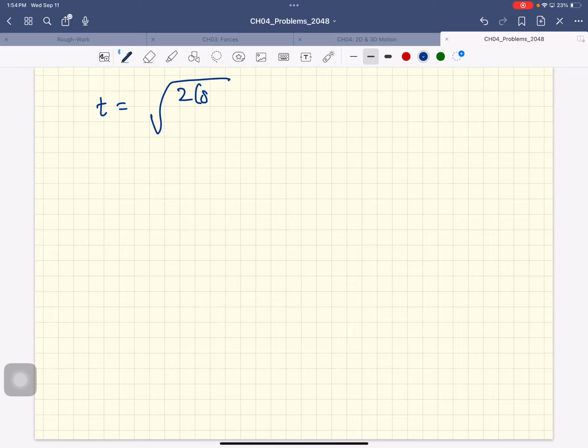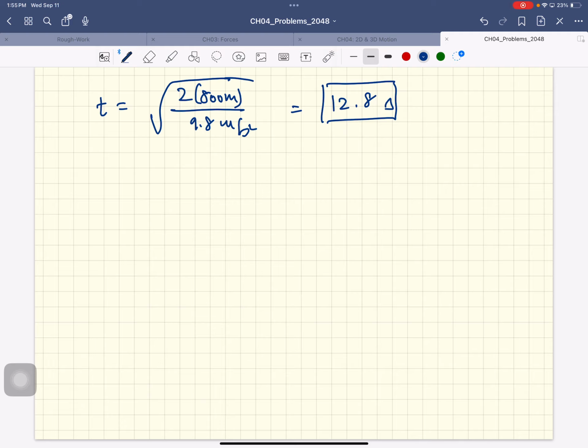2 times 800 meters divided by 9.8 meters per second squared, and take the square root. Okay, so that's a long time, 12.8 seconds.